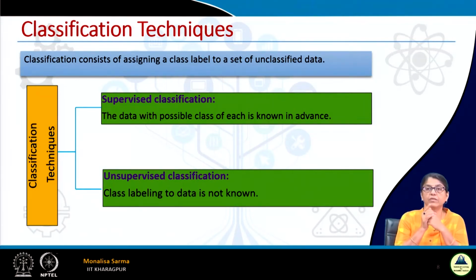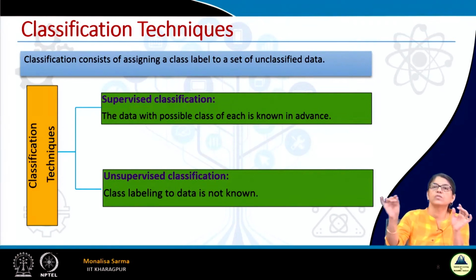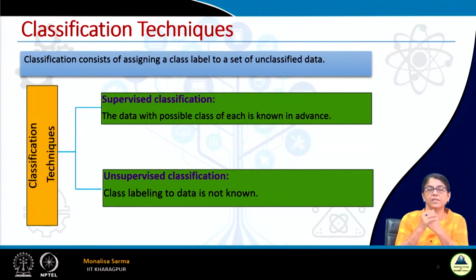Like an apple: suppose it is round shaped and red colored, then this is called an apple. If it is round shaped and yellow colored, then maybe it is an orange. These are the attributes, these are the features, and the label is apple or orange.